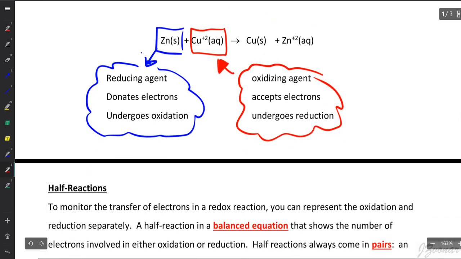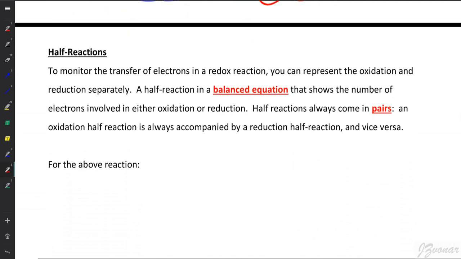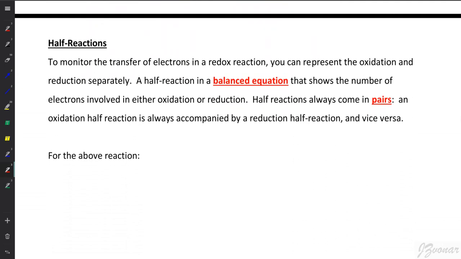Now, we can see what's happening with the electrons using what we call half reactions. So to monitor the transfer of these electrons during a redox reaction, we can represent them as 2 separate reactions, the oxidation and reduction reaction.